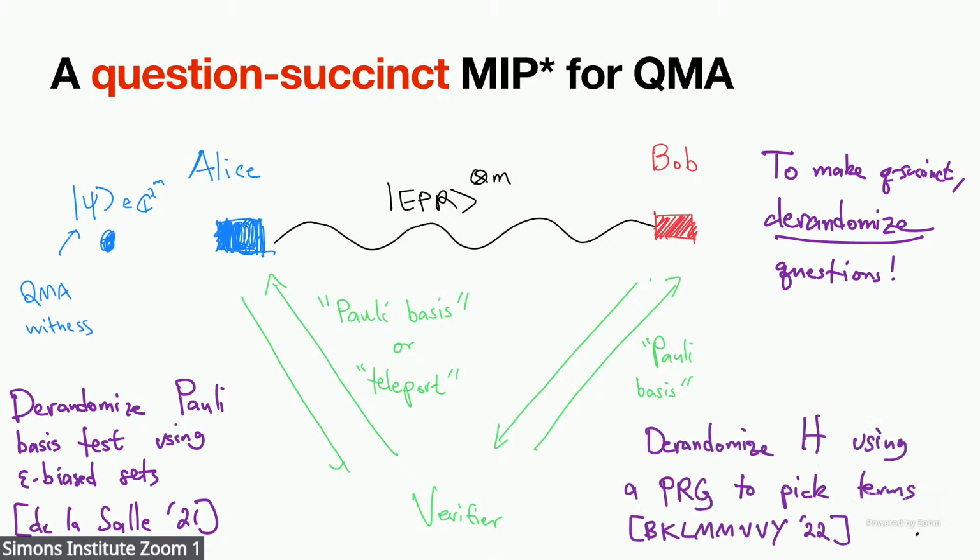And then to de-randomize the Hamiltonian, it turns out if you have a PRG that's secure against quantum side information, you can use it to de-randomize a Hamiltonian with many terms by just subsampling terms according to the PRG.